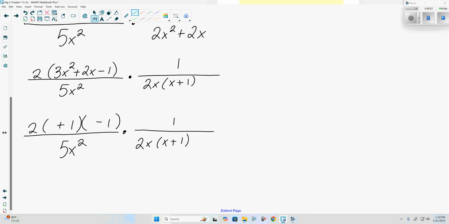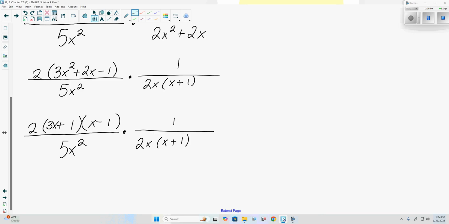Now we also know that the factors of 3x squared are going to be x and x. Now the factors of 3 are 1 and 3. If something's going to cancel, I need one of those to be x plus 1, then it'll match on top and bottom.